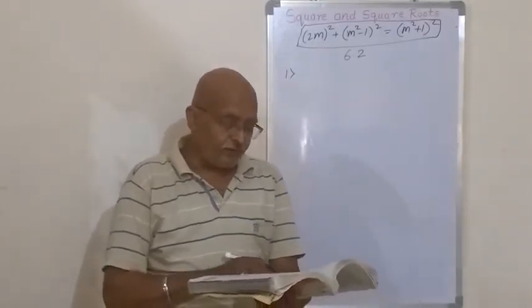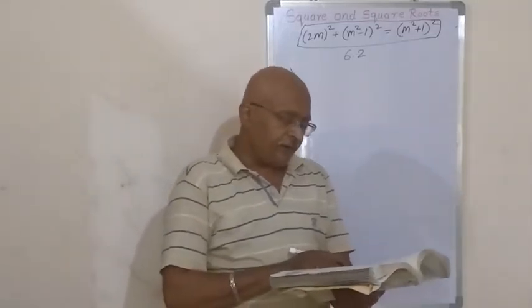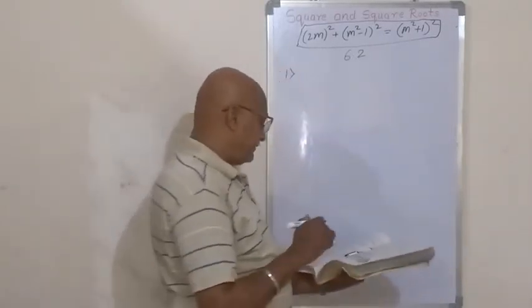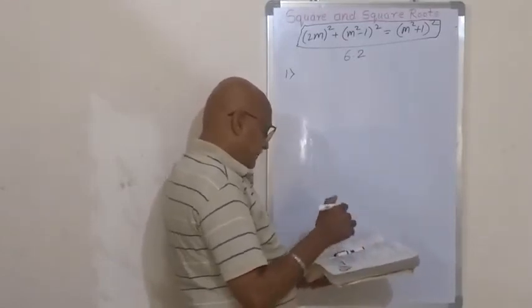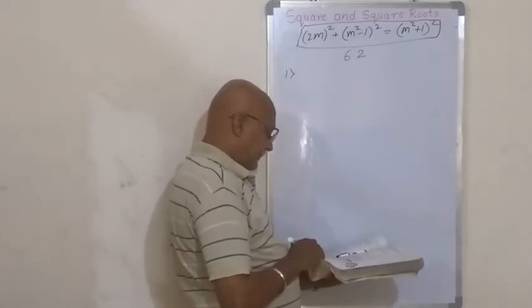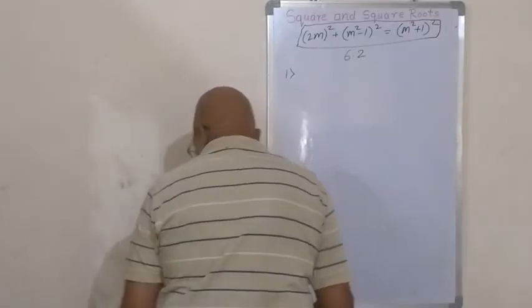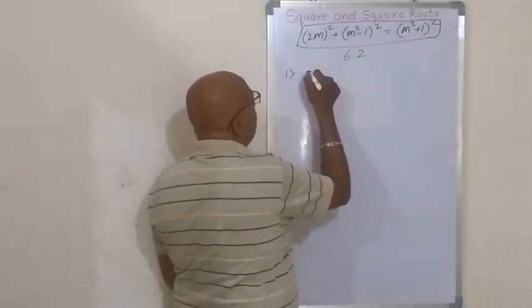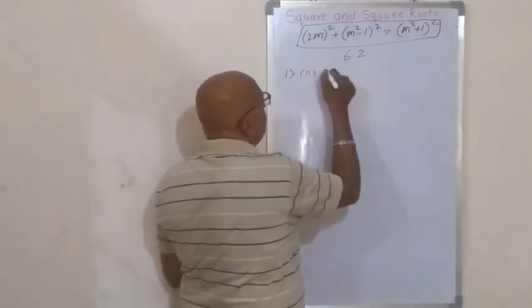So I am going to take 3 numbers, that is 35, 86 and 93. I will take first say 35. Now here for 35 one more method is there.